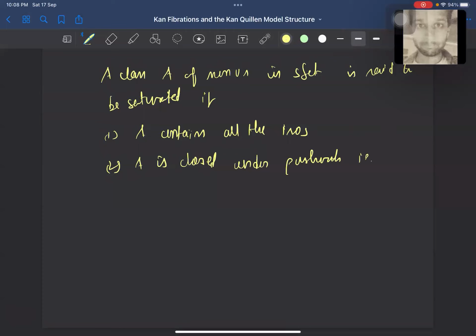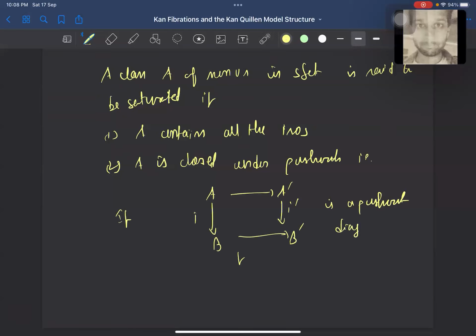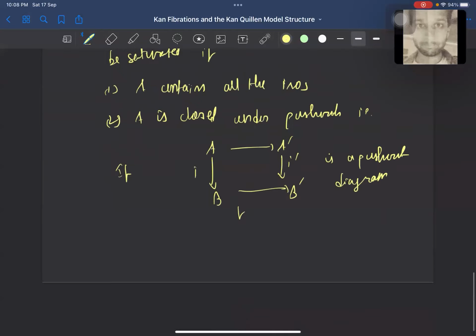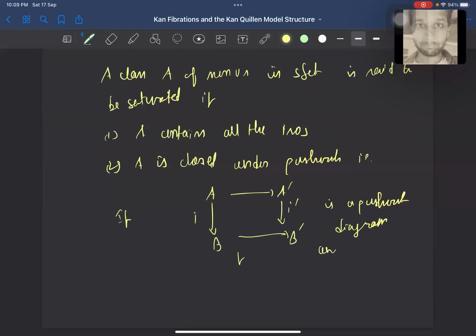So if this is a push-out diagram, and I is in a set of morphisms, then I dash is also.